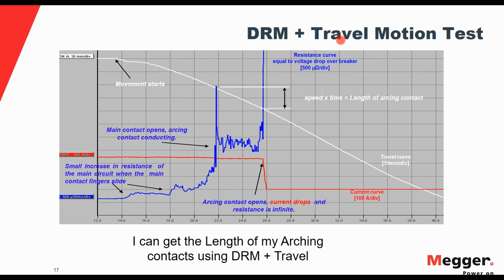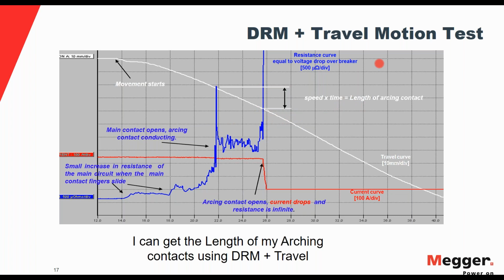Now, with the addition of a travel motion test, you know that in this jump period, where the resistance value only indicates you have an arcing contact touching, you have the value of the distance. Now, the distance from the beginning of the arcing contact until the end can really give you the length of these two arcing contacts touching each other.